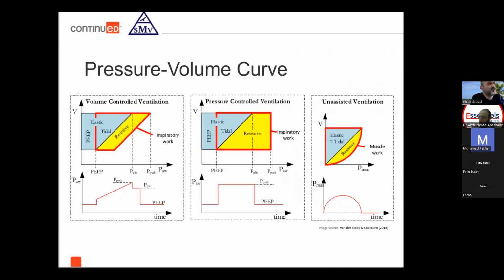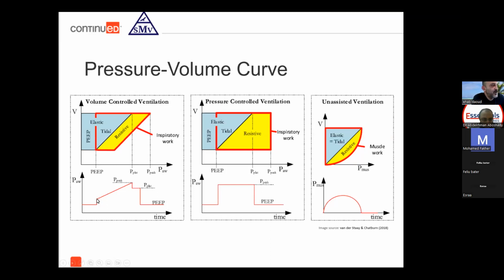So we'll go again to almost the same pressures, same figures as in the last one that we were talking about. Again, this is in a volume controlled mode, the volume versus the pressure. And here we have the beginning of the work. So this is the PEEP work. This is the tidal volume. In this part is the tidal work and the resistive work.